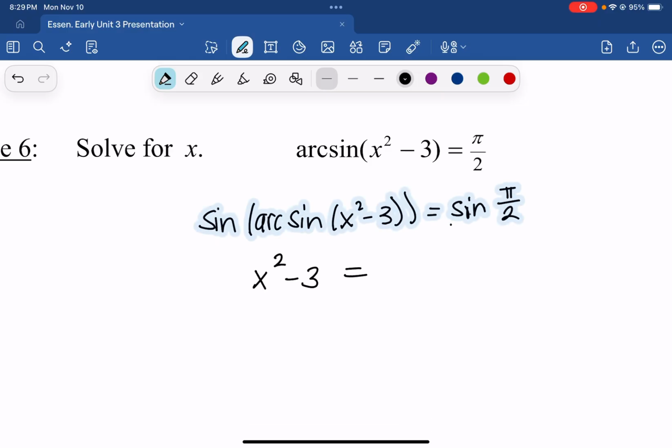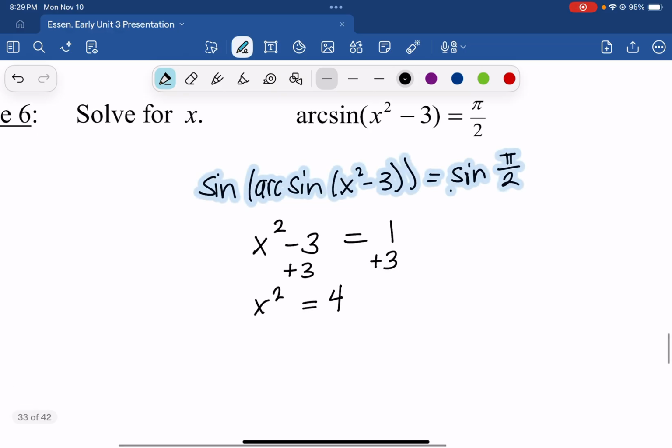Sine of pi halves gives me 1. So I have x squared minus 3 equals 1. I add 3 to both sides, so x squared equals 4. Now that I have x squared equals a number, we can take the square root of both sides. So x is equal to plus or minus 2.